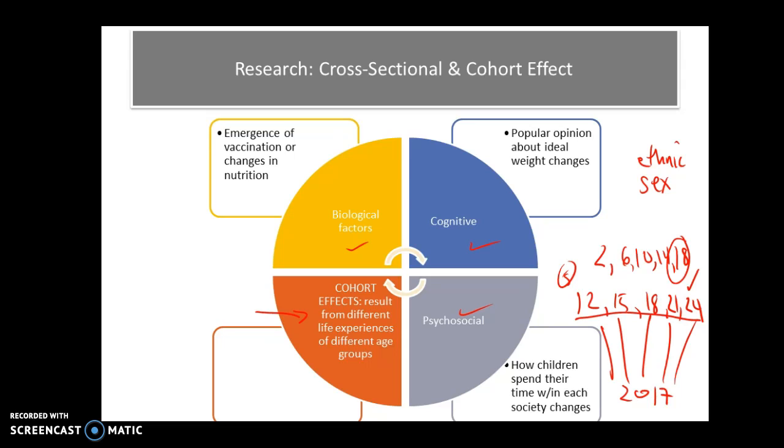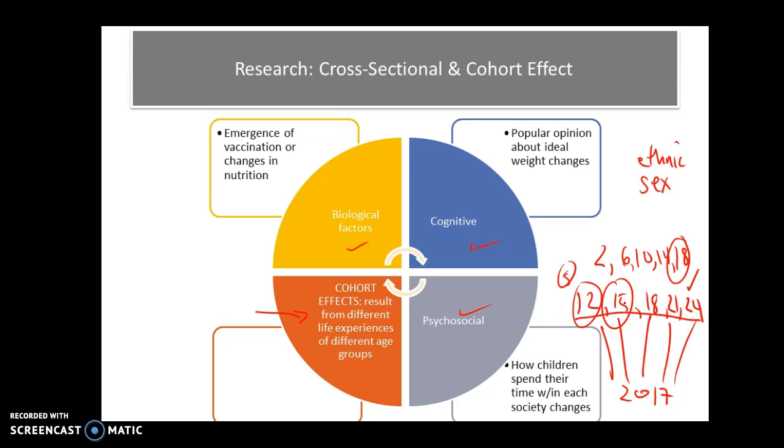Therefore, they may be exposed to the human papillomavirus. And let's say these folks right now, who might just be becoming sexually active, have actually gotten the vaccination for the human papillomavirus. So they're not going to have the presence of that STD, even if they are sexually active.